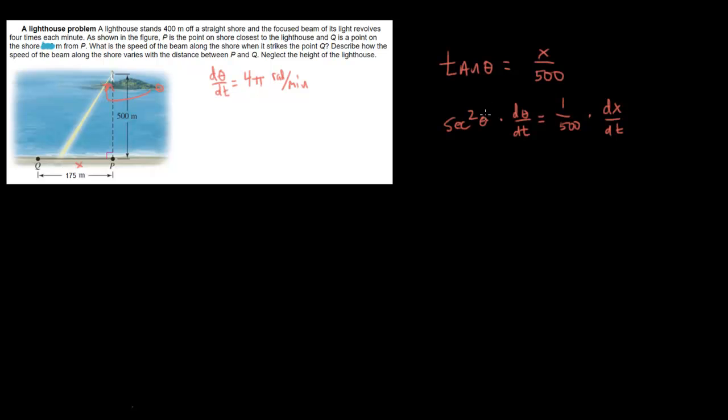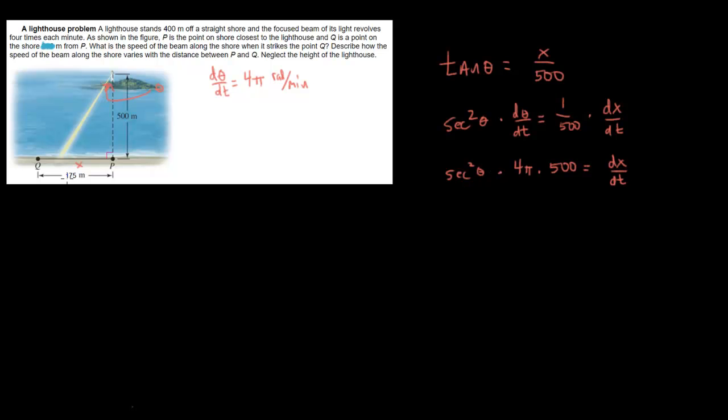Okay, so now if we start plugging in here, we'll have secant squared theta times d theta dt, which is 4 pi, equals, actually let's just go ahead and multiply by 500 since we're solving for dx dt, times 500 equals dx dt. But now I have this pesky secant squared.